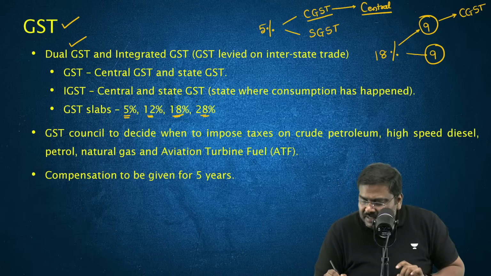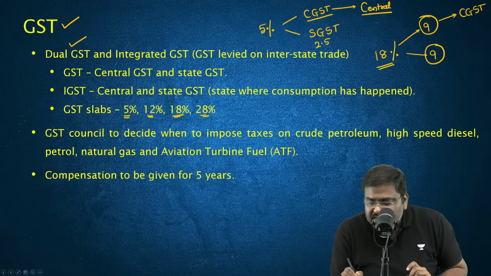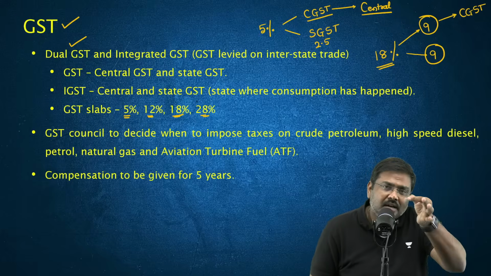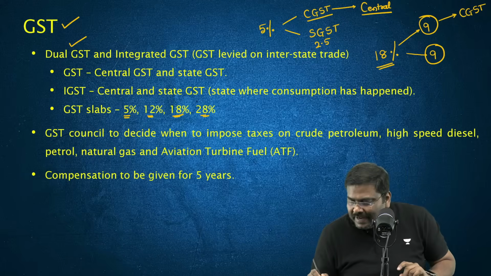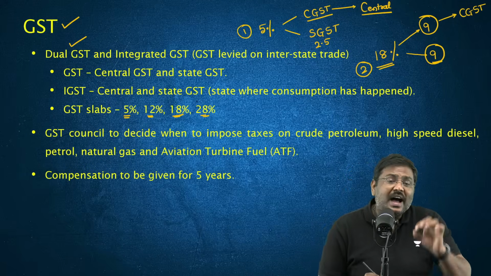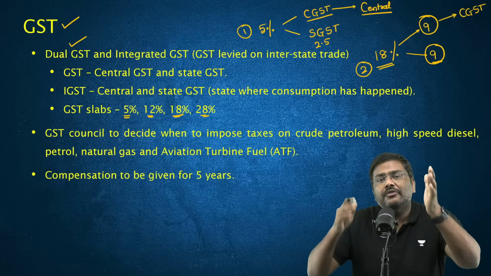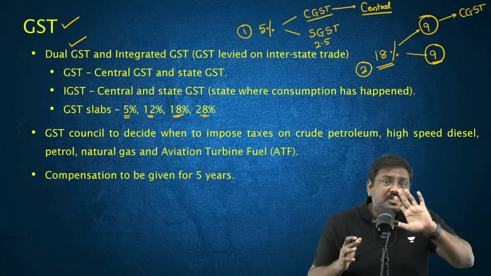The remaining 9% in the second example and 2.5% in the first example will go to the state where the good was consumed, not where it was produced.